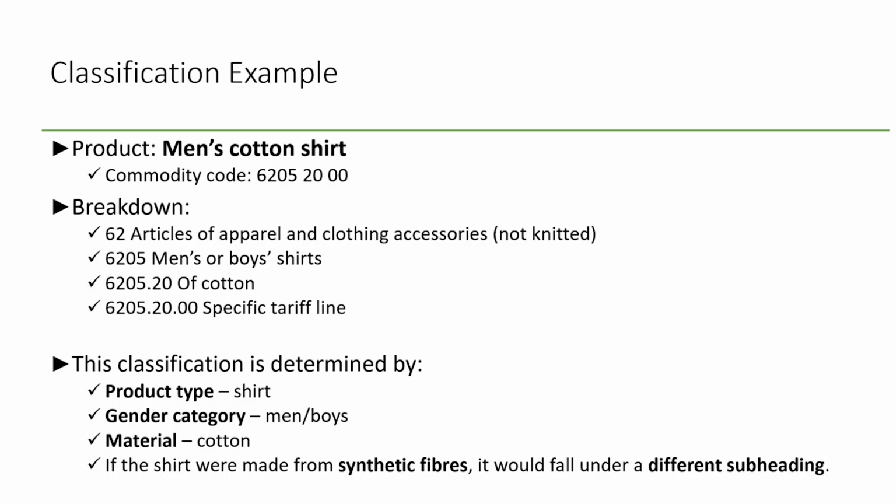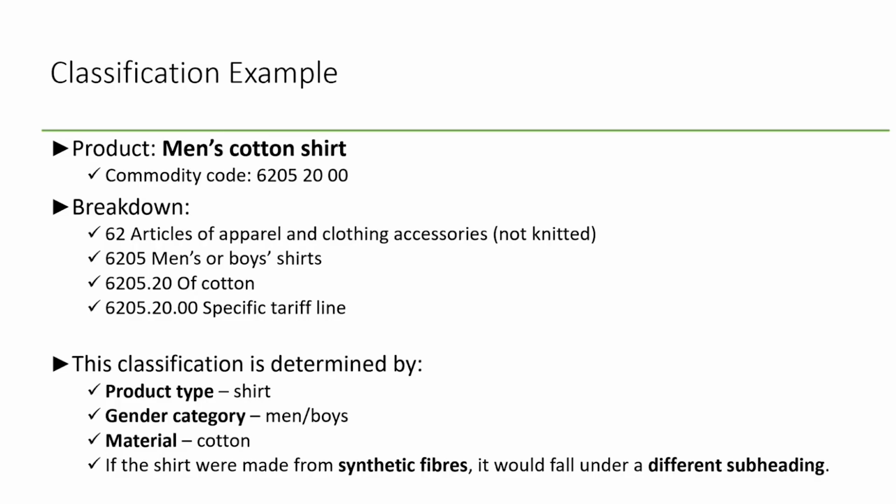So the classification in that case is determined by the product type, the shirt. 6205, the heading says it's a man or boy's shirt. The gender category, men's, boys. The material, cotton. If the shirt was made from synthetic fibers, it would fall under a different subheading.